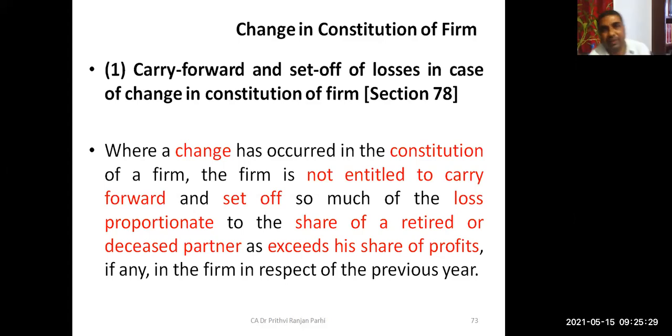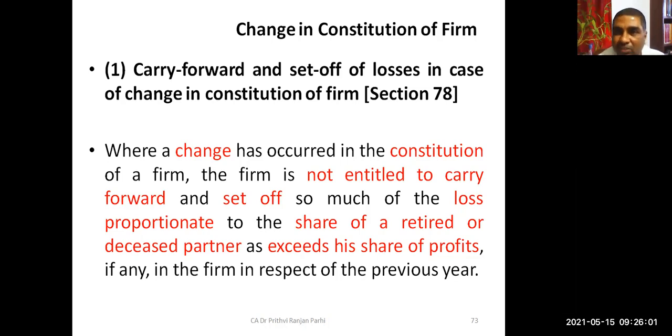Now we'll be learning the provisions of section 78. In case there is a change in the constitution of the firm, it is not entitled to carry forward and set off so much of the loss proportionate to the share of the retired or deceased partner as exceeds his share of profit. Suppose there is a change in the constitution of the firm, meaning one partner has retired or passed away.